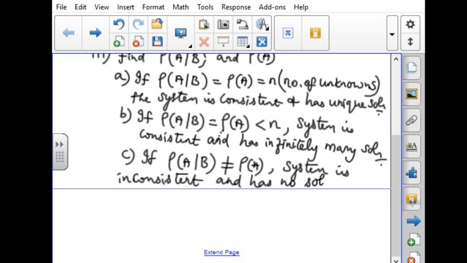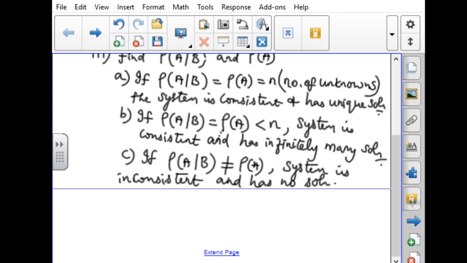So the Rouché-Capelli theorem statement is that a system of linear equations written in the matrix form AX = B is consistent if and only if the rank of the coefficient matrix is equal to the rank of the augmented matrix, that is, rho of A is equal to rho of [A|B]. So first we need to find the matrix form and then the augmented matrix, and find the rank of both matrices.